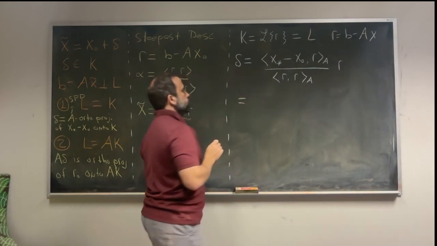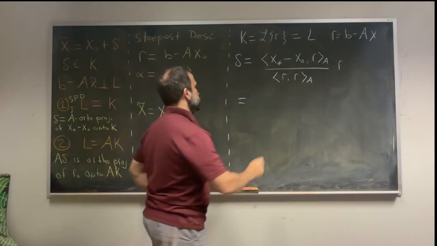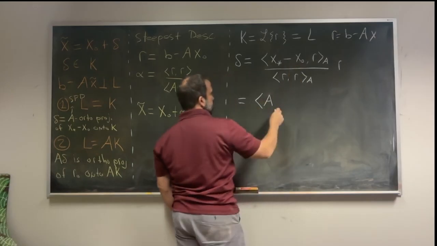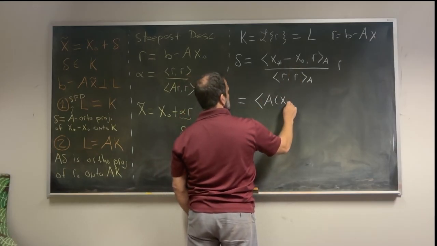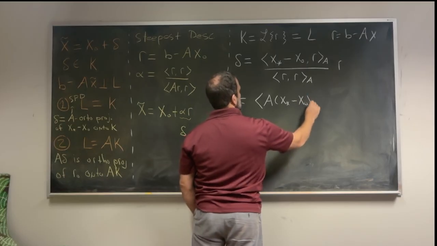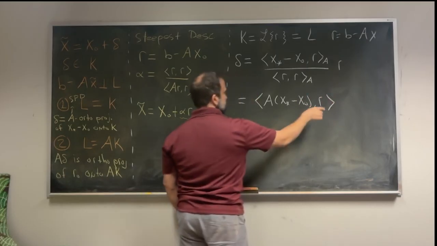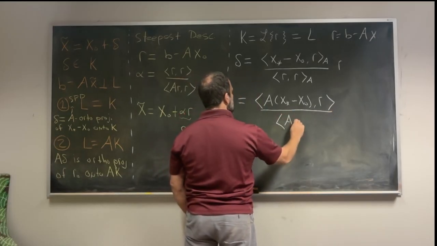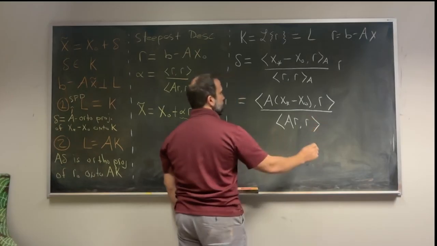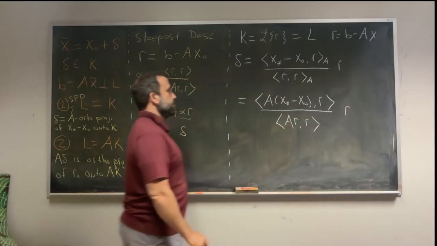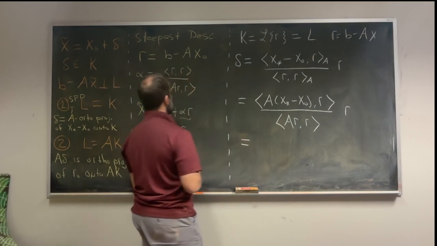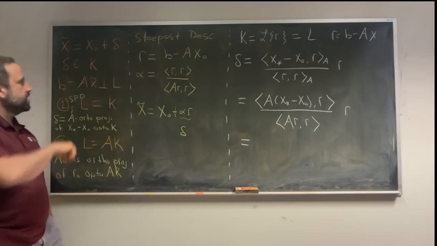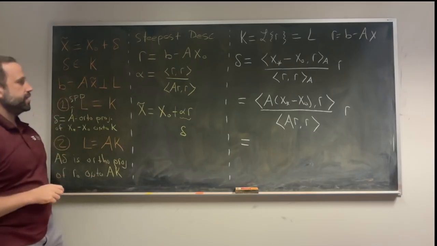Okay, good. So let's unpack what this means. Remember what the A inner product is. This is the standard Euclidean inner product, and we're going to divide by A R, R, and then we're still multiplying by R. Well, what is A X star minus X naught?